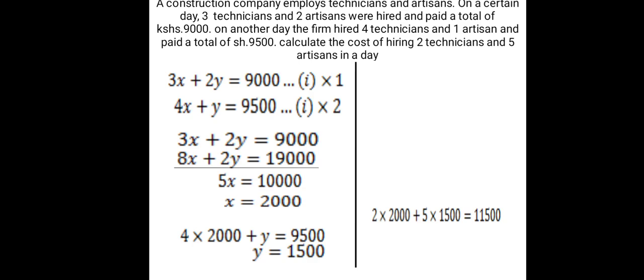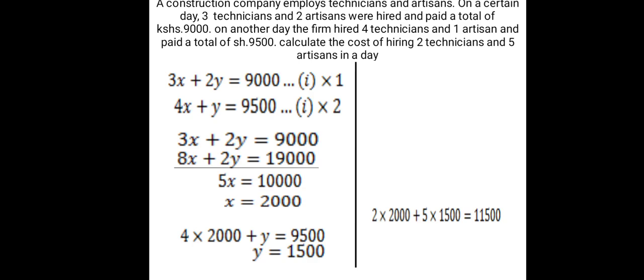Now substituting the value of x in any of those equations, I've substituted in the second equation, where this x, we put there 2,000. So it is 4 times 2,000 plus y is equals to 9,500. The value of y becomes 1,500. So the cost of hiring two technicians, one technician is 2,000.